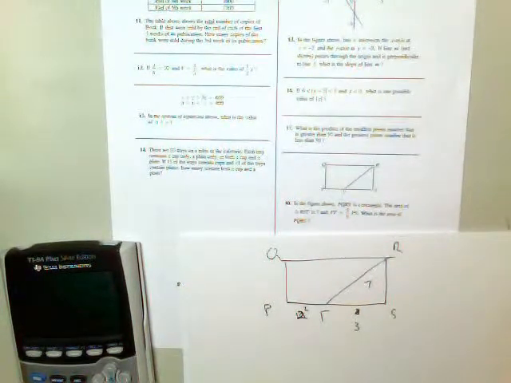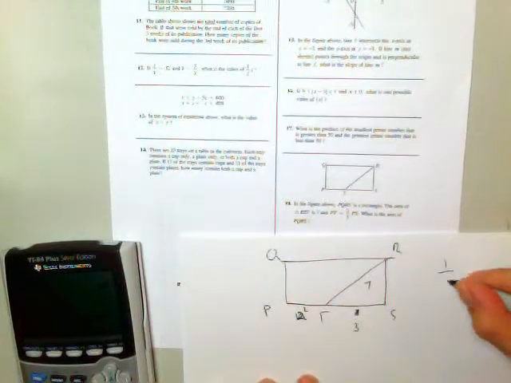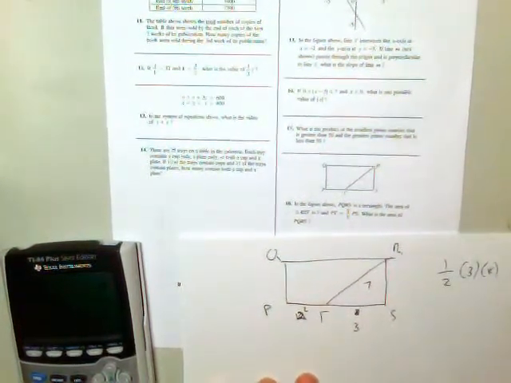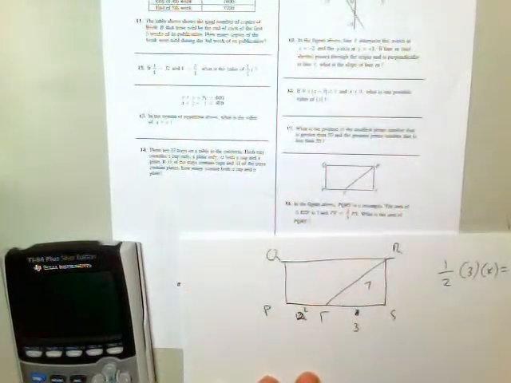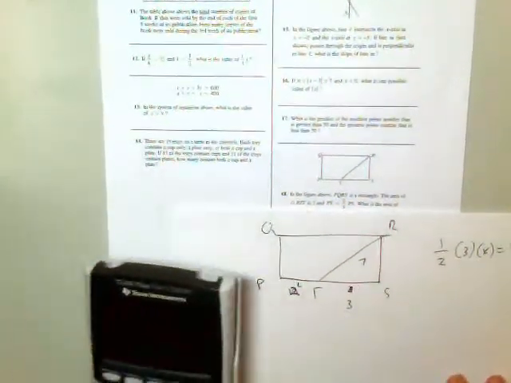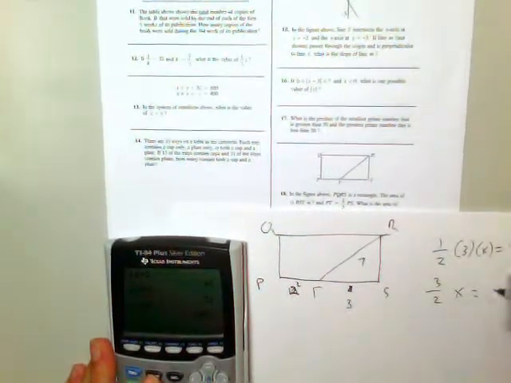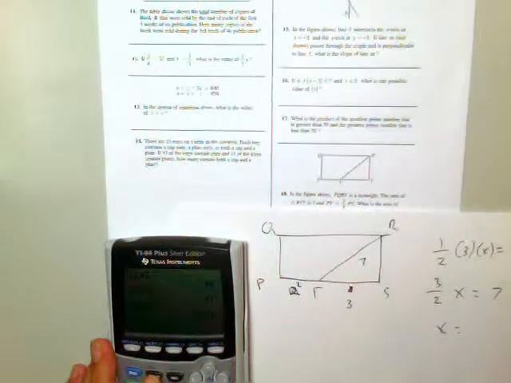Alright, here we go. 1/2 times 3 times x equals 7. From 1/2 base times height equals the area. 3/2 x equals 7. x is 14/3.